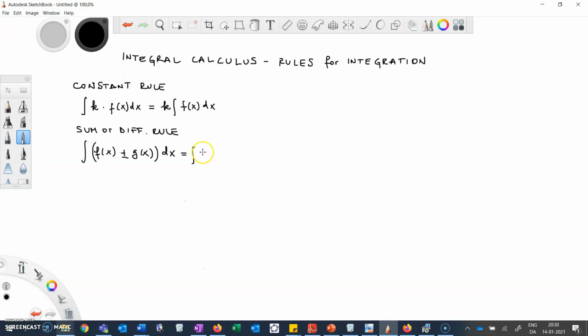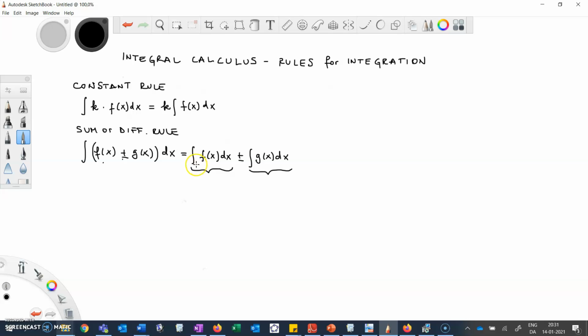So I'm going to have the integral of f of x in dx plus or minus the integral of g of x in dx. So I will have to solve first the one integral and then the other one. And in the case, of course, I have a sum, I can just sum them. In the case I have a minus here, I have to be careful which one comes first and observe the order.